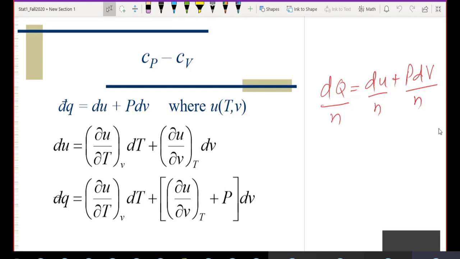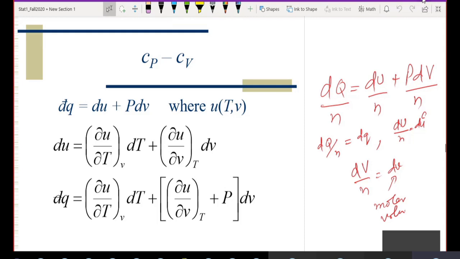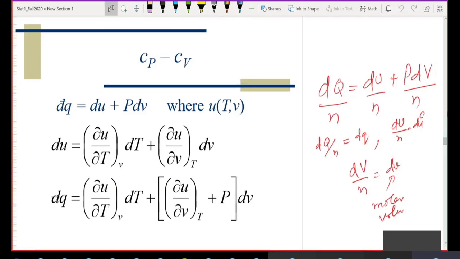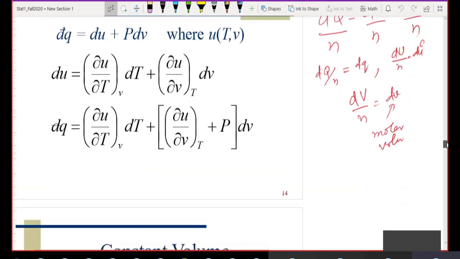So dq over n is now small dq, and du, that was capital U, du over n is now small du, and similarly dv over n is now small dv. So they are now molar volume, molar energy, energy per mole, however you want to call it.